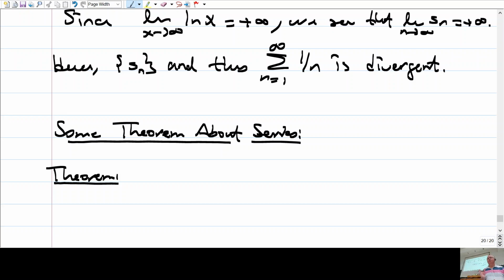Sometimes it is easy to find the sum of the series, but sometimes it is not easy.